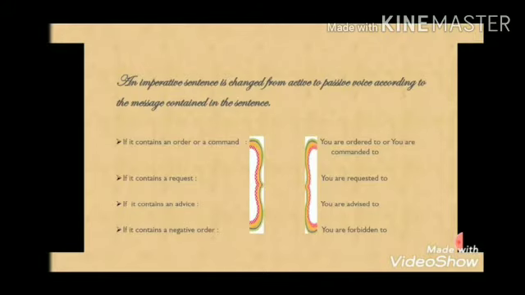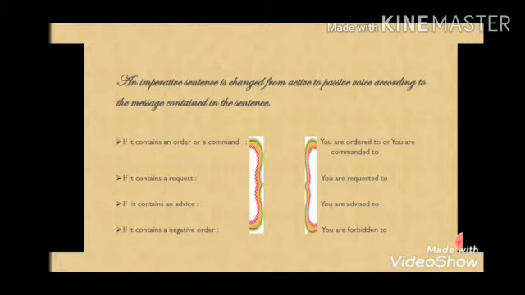So, an imperative sentence is changed from active to passive voice according to the message contained in the sentences. How? According to the message or the theme, the sentence will change. First, if it contains an order or command, then you have to write "you are ordered to" or "you are commanded to".